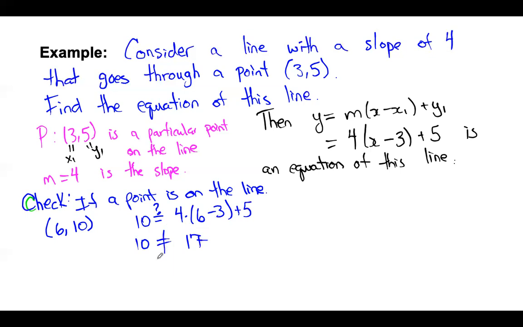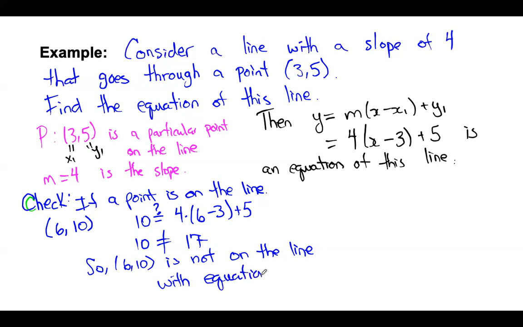So no. Therefore, this point, 6, 10, is not on the line. This equation: y equals 4 times x minus 3, plus 5.